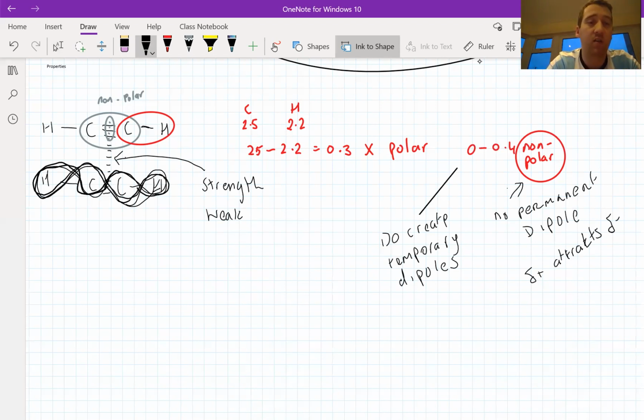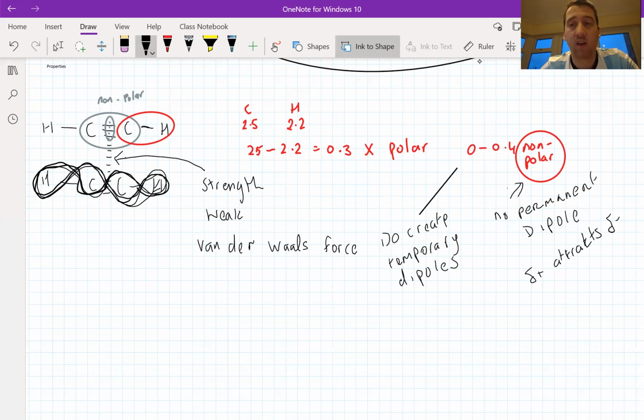So these are what we call temporary dipoles, and they create these tiny little attractions for other molecules. So this molecule here is very weakly attracted to a second molecule of the same type. So weak strength. This is what we call a van der Waals force. Van der Waals forces are basically forces of attraction resulting from temporary dipoles from electrons moving around inside a molecule.